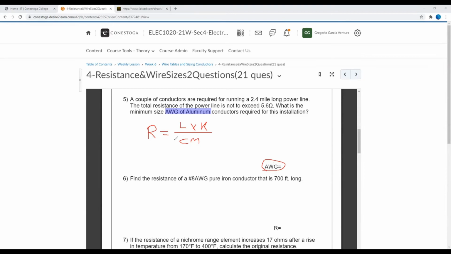We already did a problem similar to this, and now we are doing another one. The length is 2.4 miles, so we have to convert the 2.4 miles to feet. My recommendation would be to just use Google and type convert miles to feet.